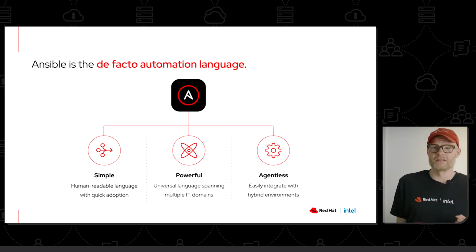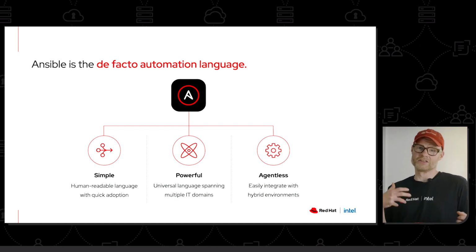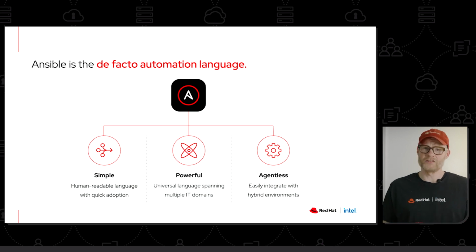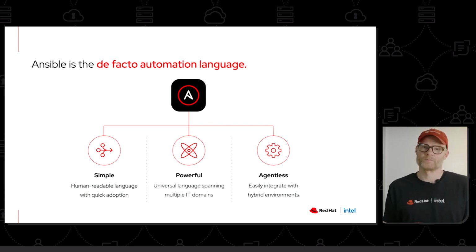This is also actually the power of Ansible. All these modules and collections make it possible to do automation in so many different technology domains, be it public cloud, private cloud, any type of infrastructure.